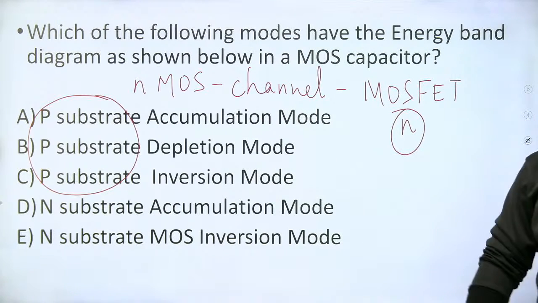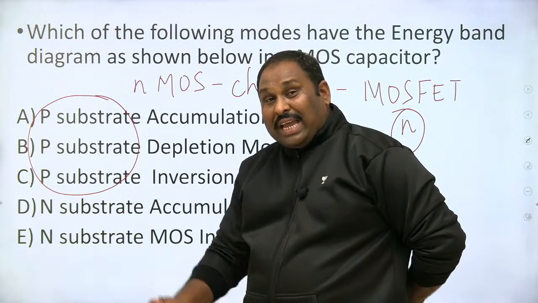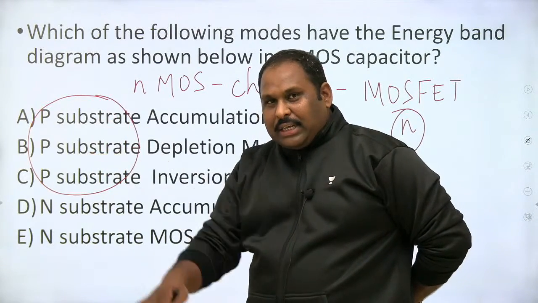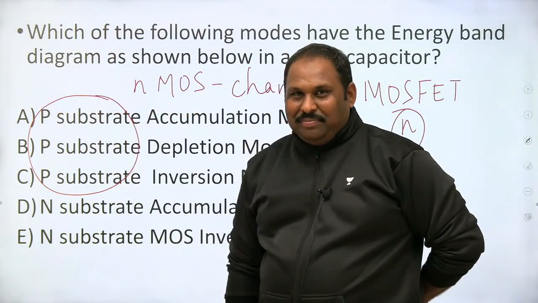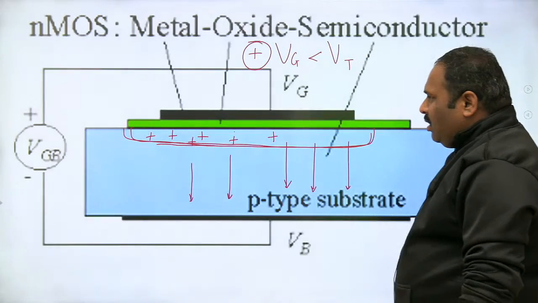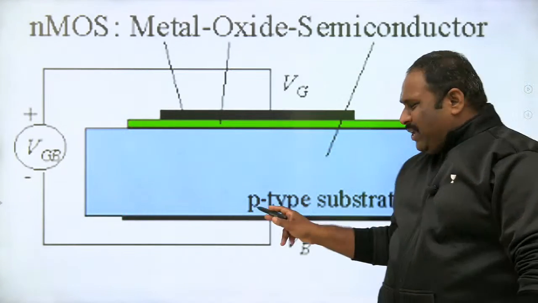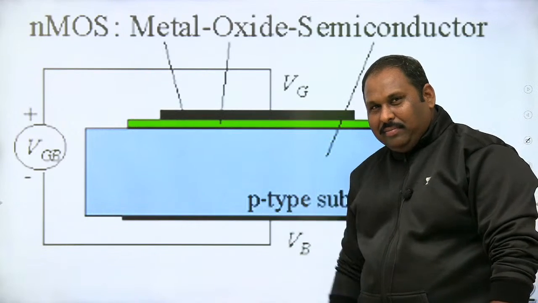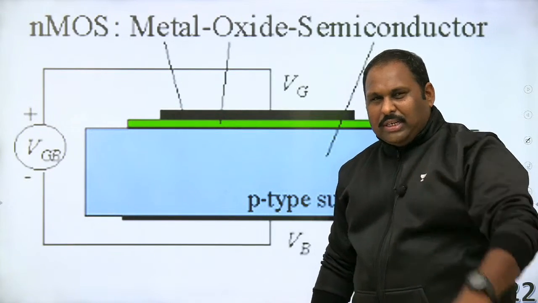This is one of the points I am trying to teach you: if the substrate is P, we should talk with reference to the channel, because MOSFET notations and MOS capacitor notation should not go opposite. In a MOSFET, as you all understand, when you have a P substrate, there will also be a channel for source and drain, which is opposite to the substrate. So we go with those notations.